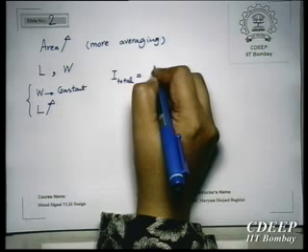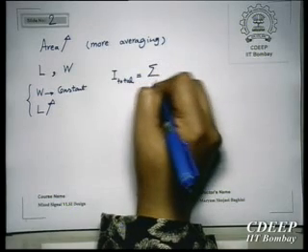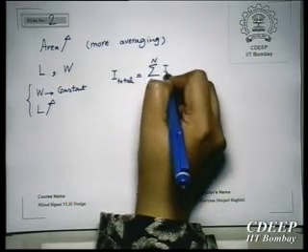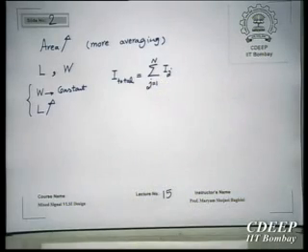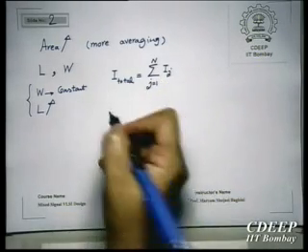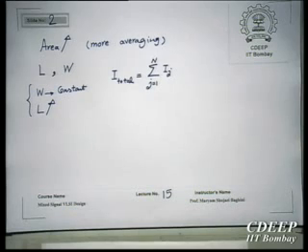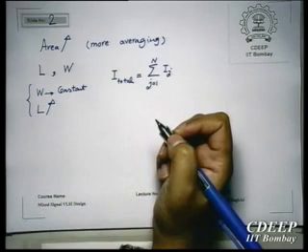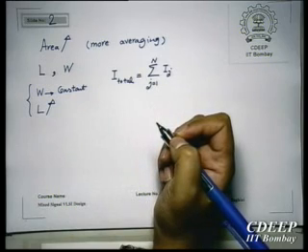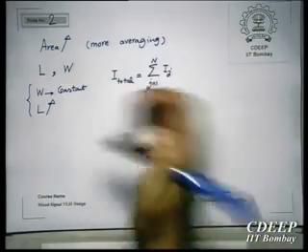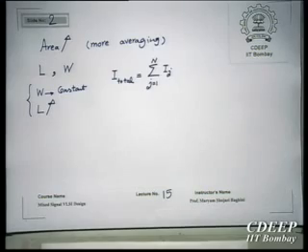So the total current will be... I just consider I have a set of parallel transistors with different values of L, but these L values are similar.